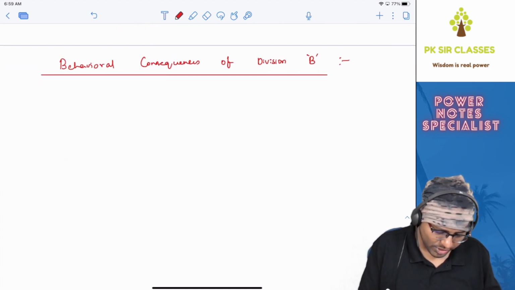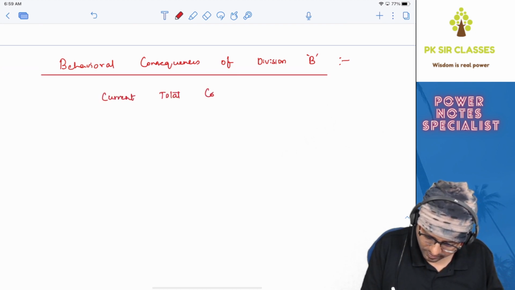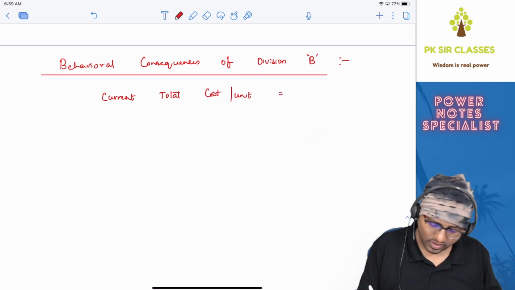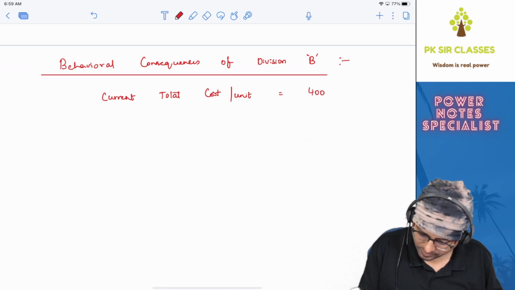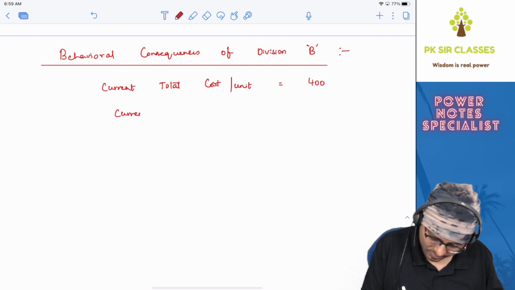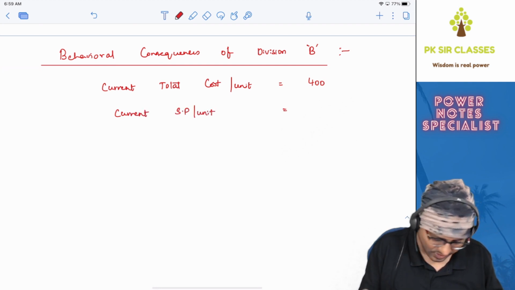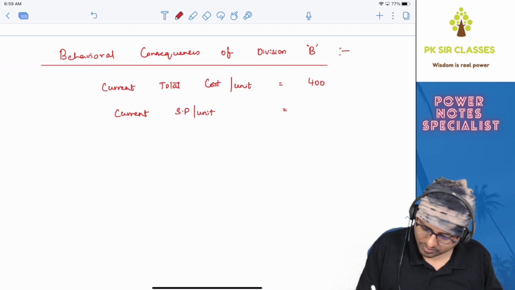Now look at your question. Current total cost per unit. How much is that? 400. Okay. Current selling price? It is 410.